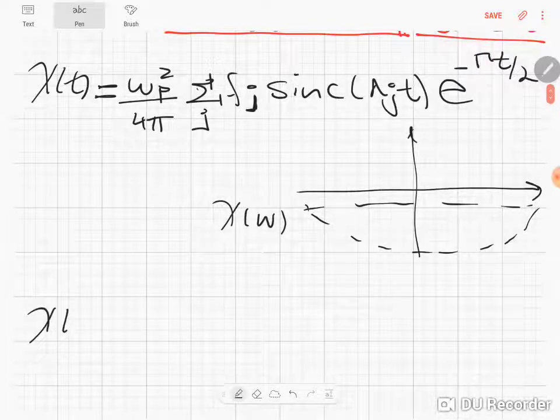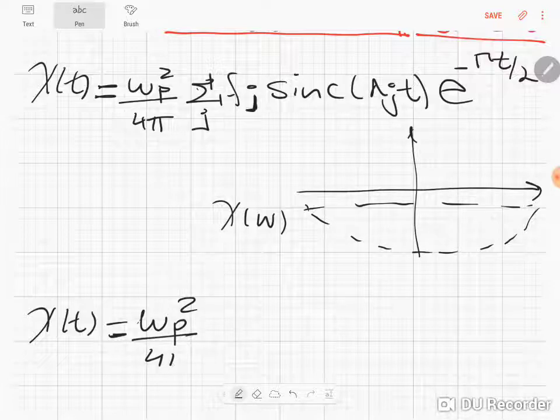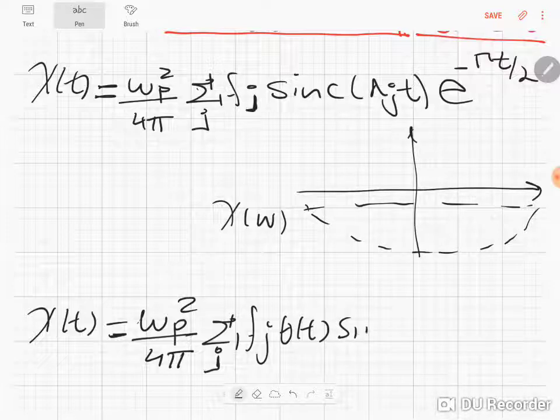So really chi of t, imposing causality, is equal to omega p squared divided by 4 pi, summation over j of f sub j, theta of t, sinc of lambda sub j t, e to the minus gamma t divided by 2.